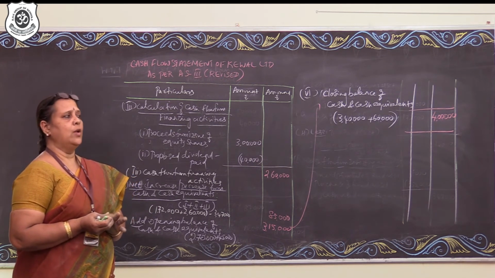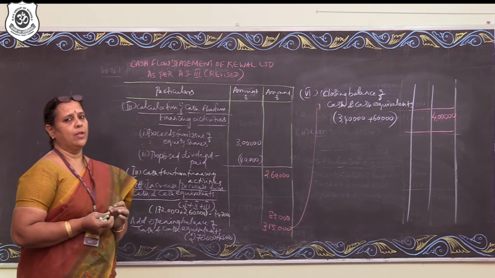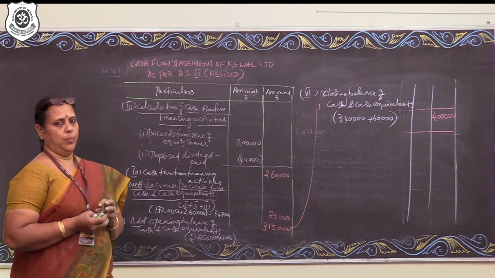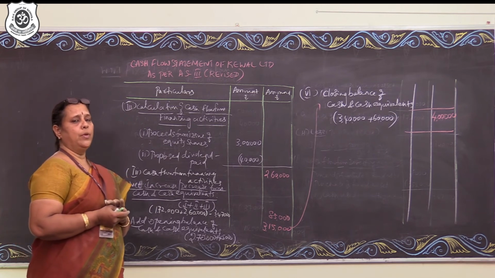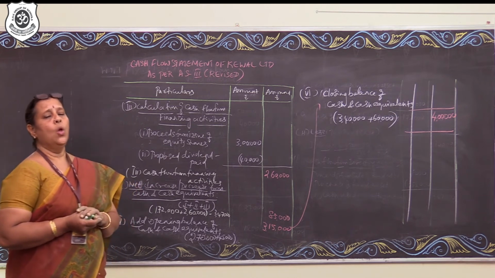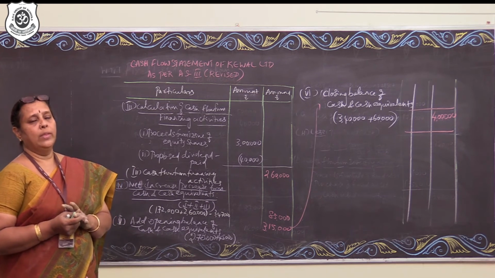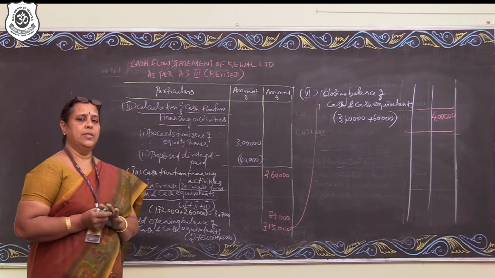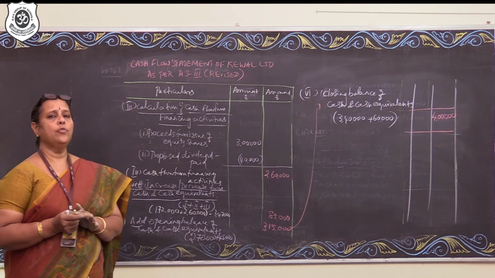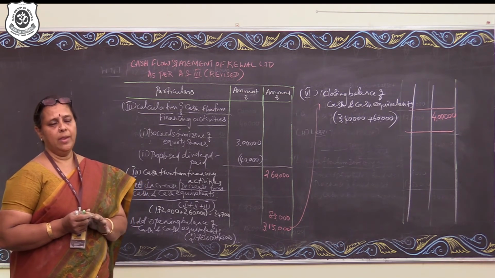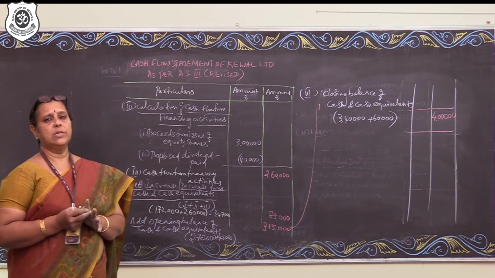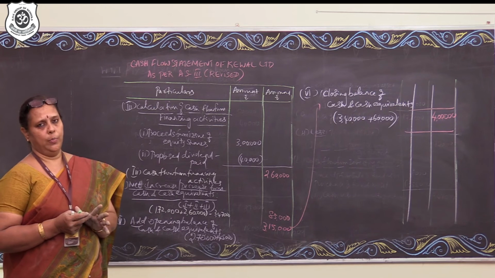With that, we added one and only extraordinary item given in the question, proposed dividend of the base year, which was 40,000 rupees. So we arrived at net profit before extraordinary items to be 1,40,000. With that, we made adjustment for non-cash and non-operating expense, wherein we had depreciation of 50,000 rupees. Then we subtracted the non-operating income, which is gain on sale of fixed asset, 3,000 rupees.